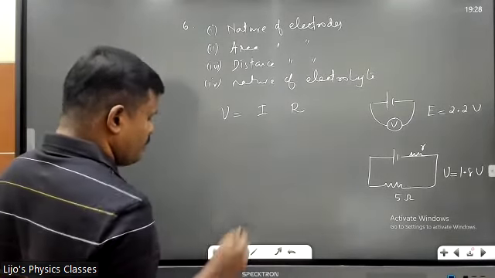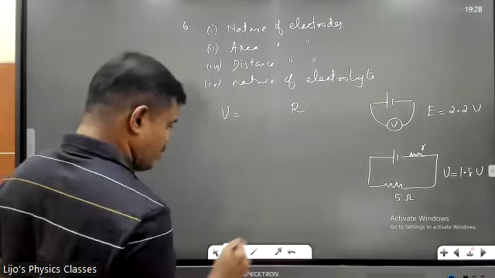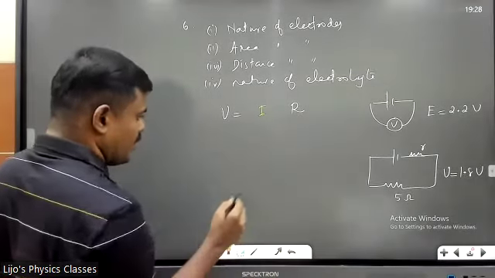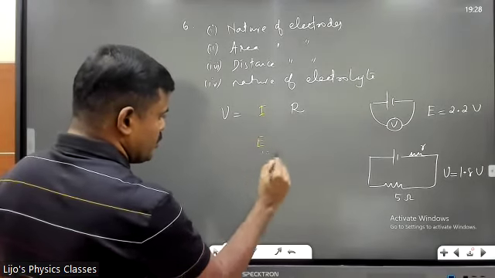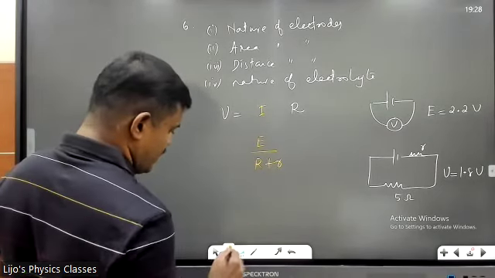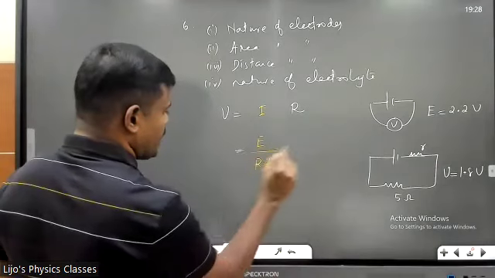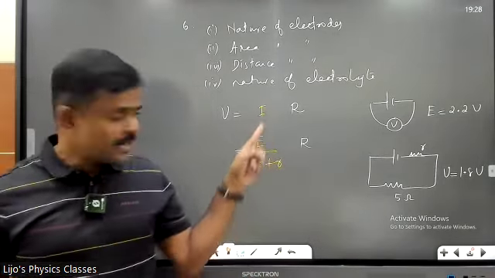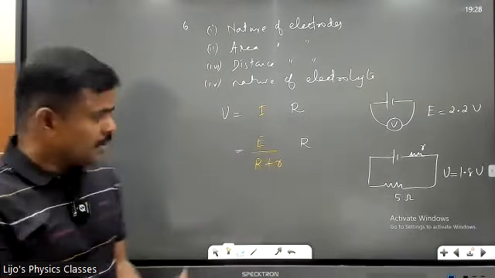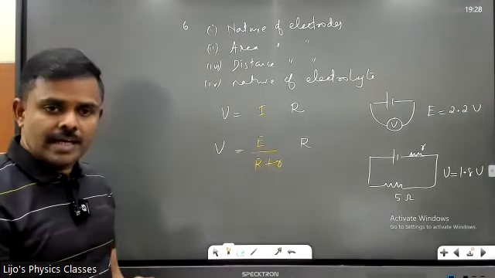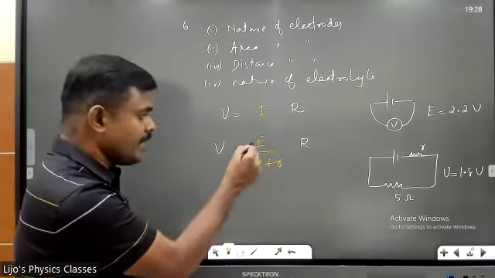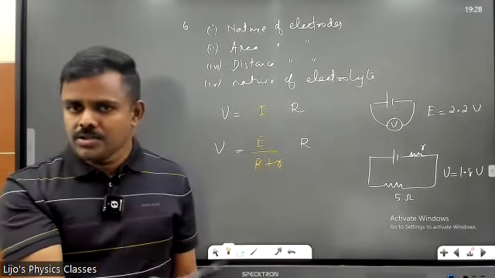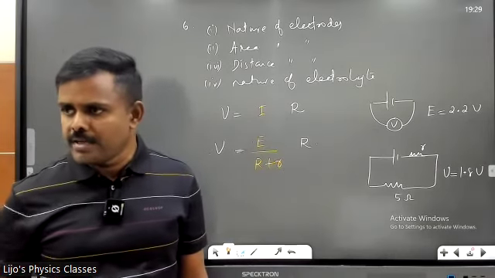V is equal to I into R, and that is equal to, do you remember, I is E by R plus r, into R. Current is E by R plus r. Now you know how to solve this. Everything is given: V, E and R are given, and you are asked to find small letter r. It is asked so many times.